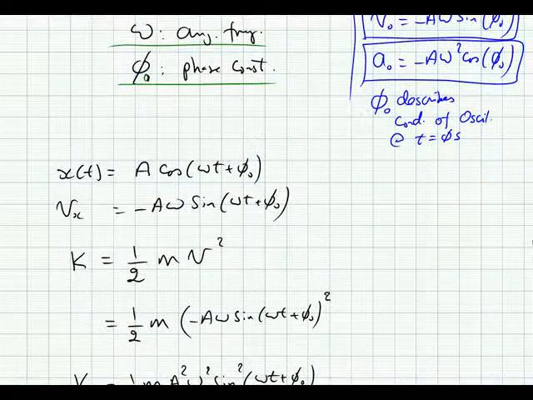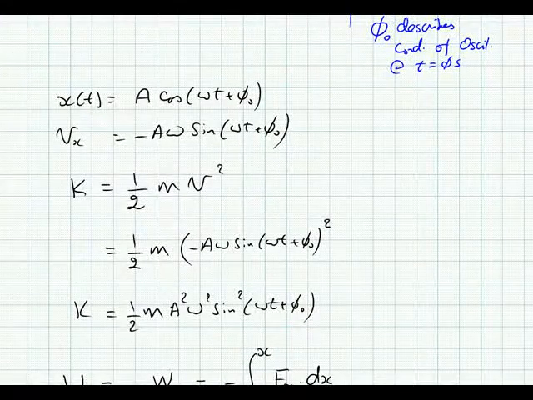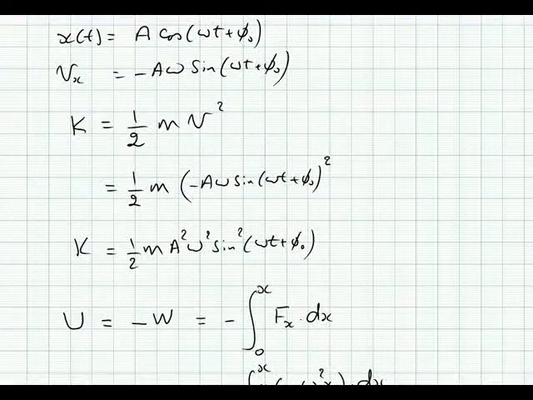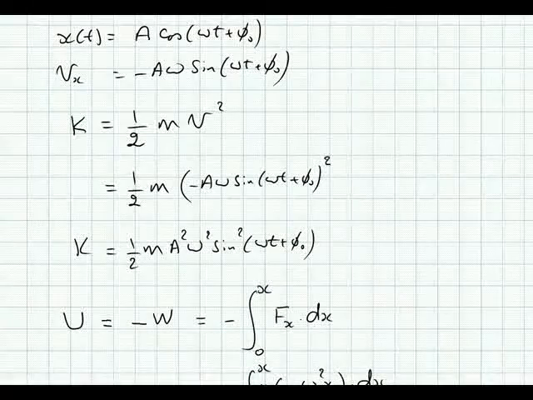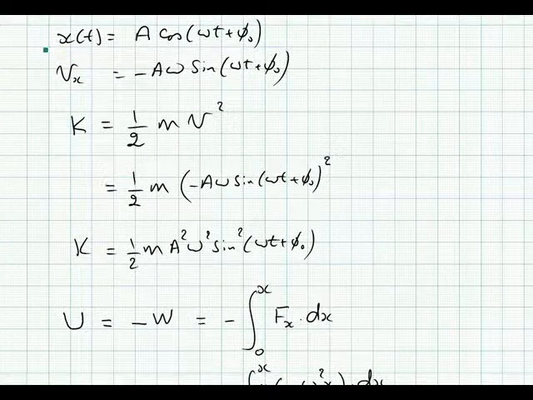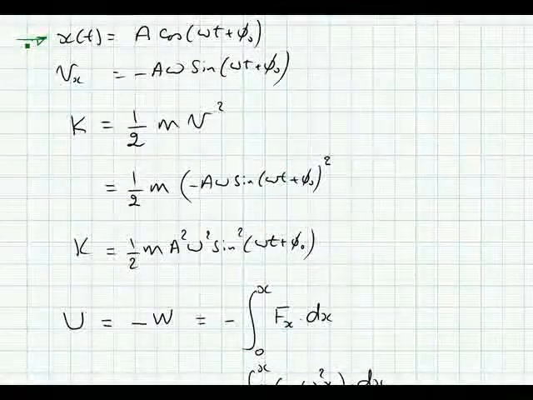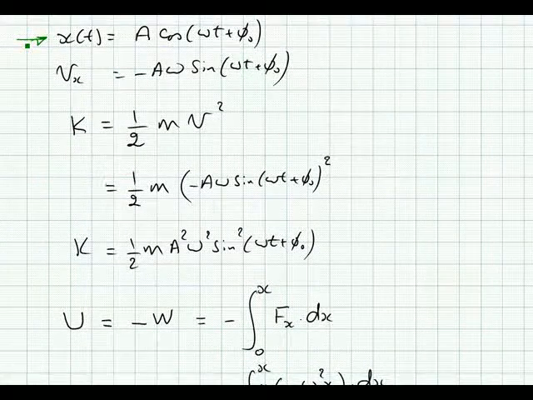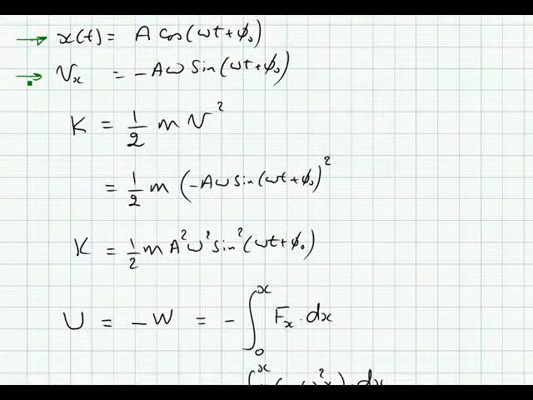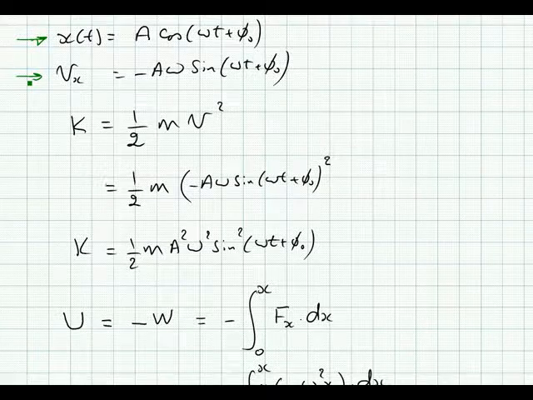Let's now take a look at energy in simple harmonic motion. We said that the position versus time for a simple harmonic oscillator is given by A cosine omega t plus phi naught, and the velocity is minus A omega sine omega t plus phi naught.